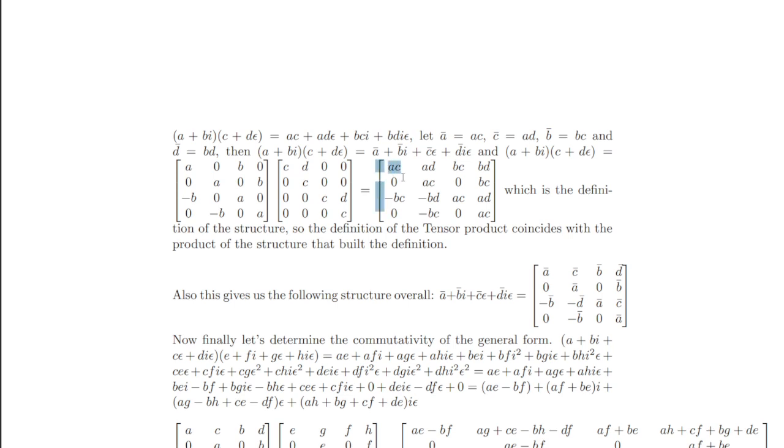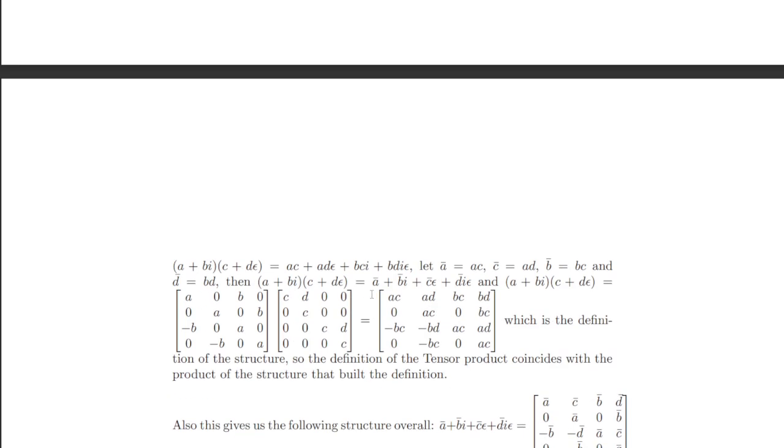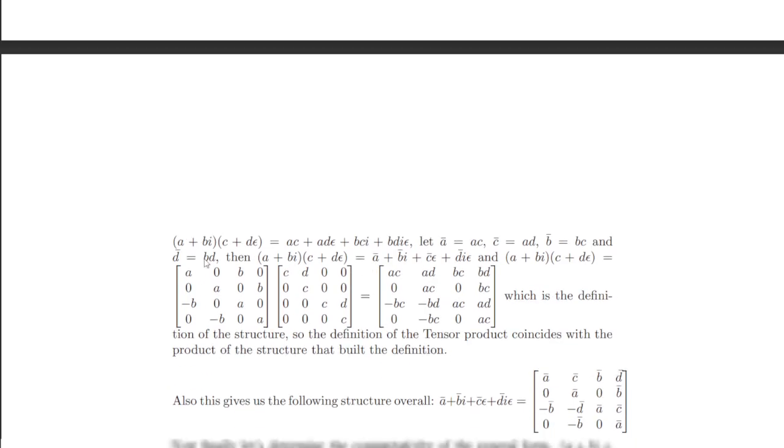And this does indeed give us the exact matrix that we want, which, again, you can plug it in. A bar plus B bar I plus C bar epsilon plus D bar I epsilon does indeed give us this definition of our matrix, because this is our original definition, but that's given in terms of components A, B, C, and D, not in terms of what the vector is, but in terms of what their components being multiplied are, right?